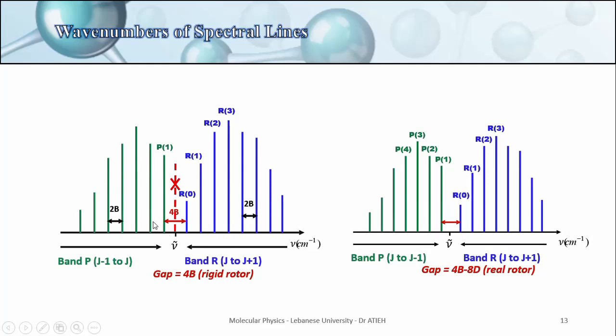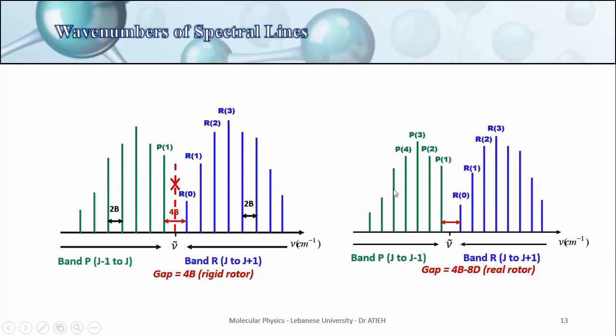So in this case, the difference between the first line in R, which is called R0, a transition from 0 to 1, and the first line in P, called P1 because it's a transition from 1 to 0, is 4B, where B is the rotational constant. Now the difference between two consecutive lines here is 2B, and any two consecutive lines here is also 2B. This is if we consider the rotor to be rigid, that is, D is neglected.